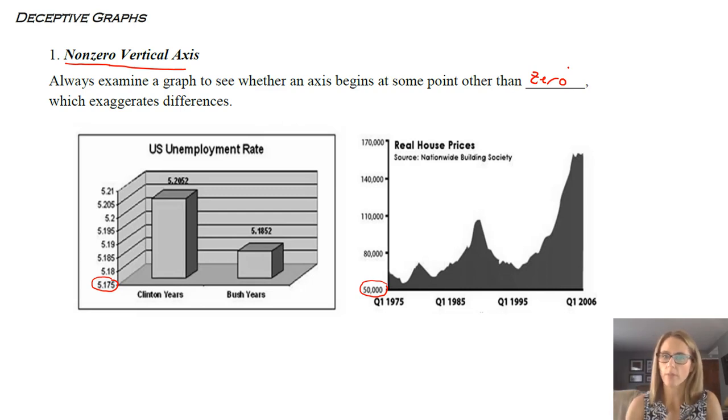And the same thing with the housing prices. When you're starting at 50,000 instead of 0, you're thinking that the housing prices maybe are not as different as they are. And so not starting the value at 0 is a really good way to be deceptive with a graph.